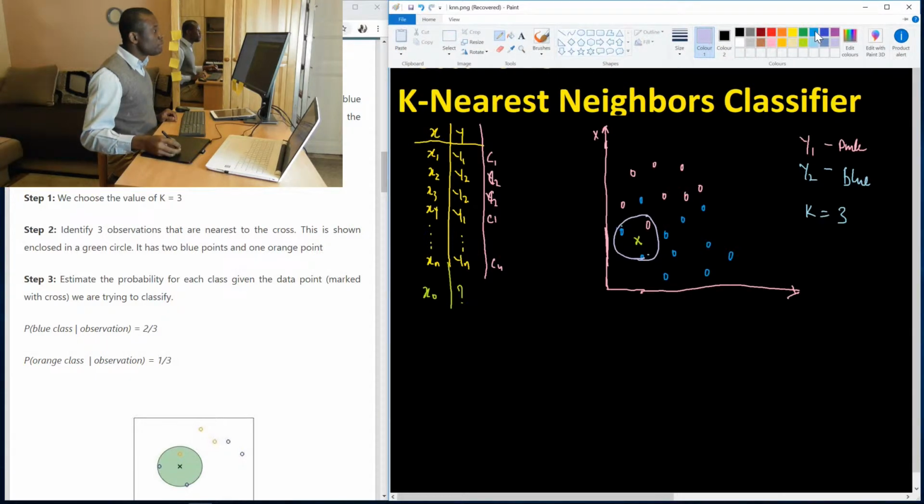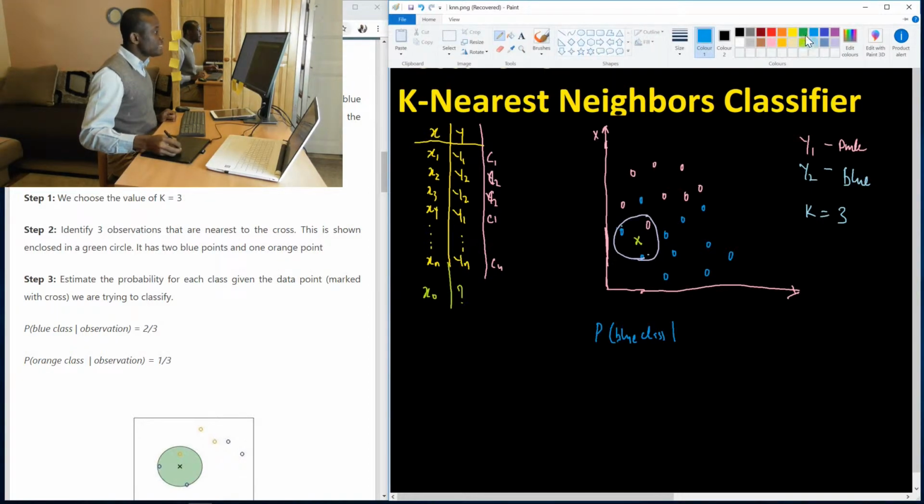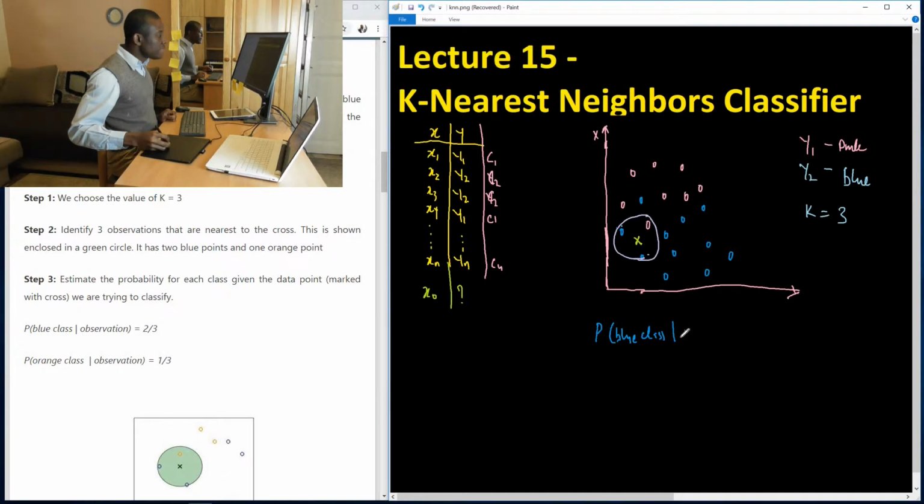The probability that X belongs to the blue class is simply the total number of blue classes over the total number of classes being estimated. So the probability of the blue class, given the value of X of the star of the new data set, given this value, is simply the number of blue classes over the total number of items.